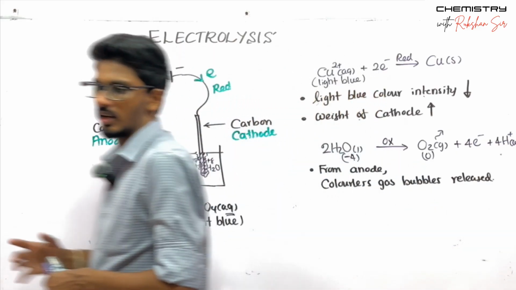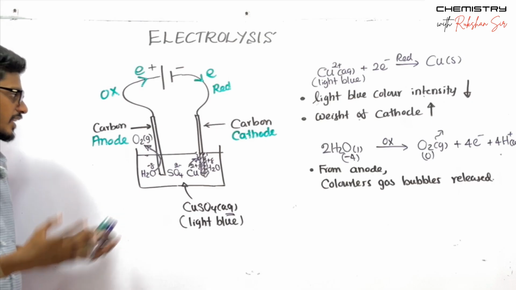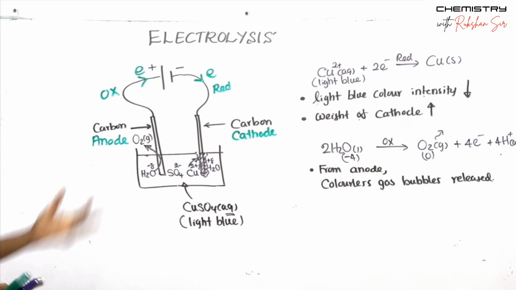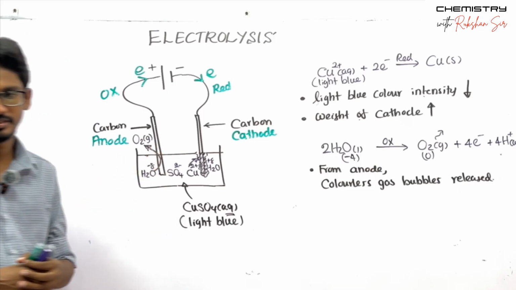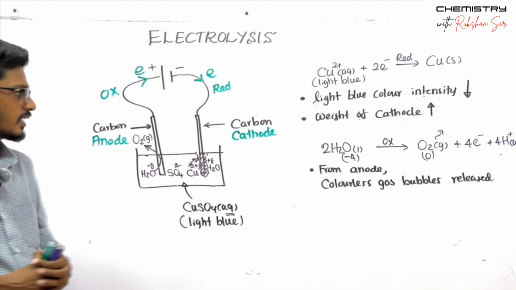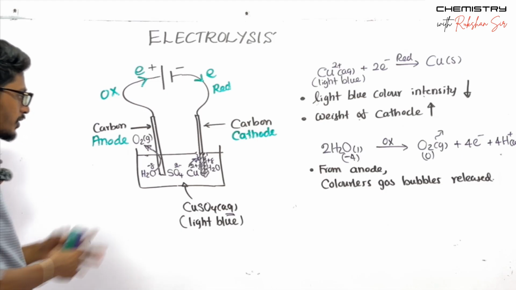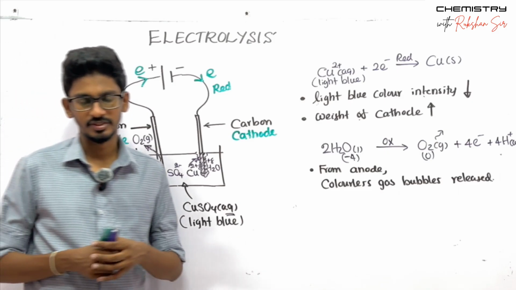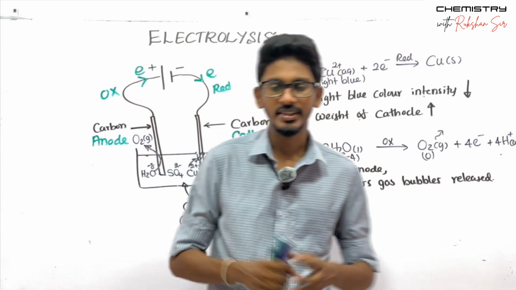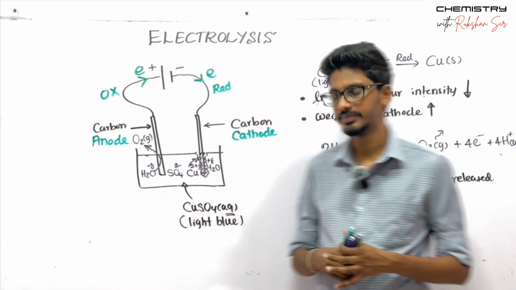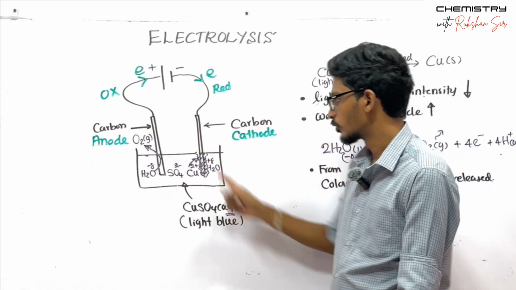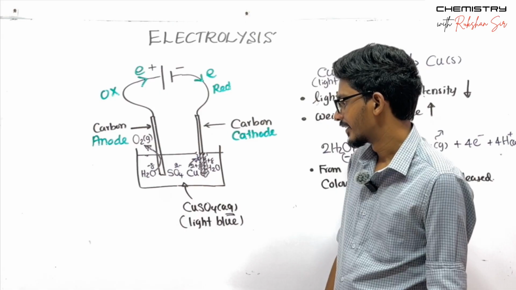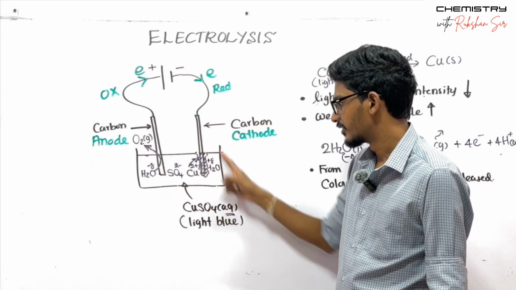Okay. So in this case as well, you can see the anodes and the cathodes, oxidations and the reductions. And all these things can be seen. The most important thing we need to learn here is, out of the species which are attracted to the cathode, which one will react first?